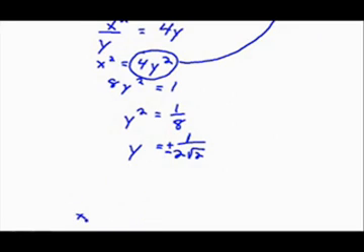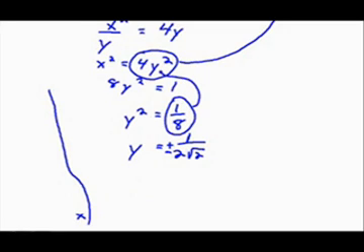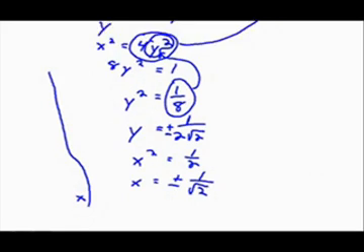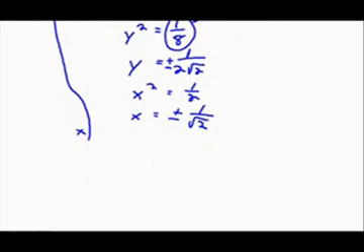And what does that mean? Well, if we plug in y squared equals 1/8 here, we get x squared is equal to 4/8, or x squared is equal to 1/2, which means x is going to equal plus or minus 1 over root 2. So we get critical points.